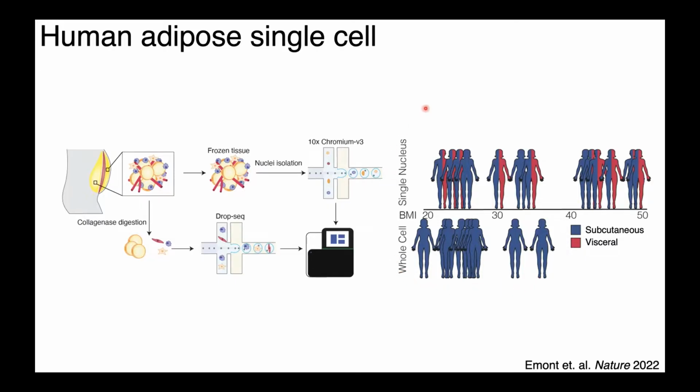As we were developing our single nuclear protocol, we also started recruiting from other surgeries where we were able to get not only subcutaneous adipose tissue, but also visceral adipose tissue, mostly either omental or preperitoneal fat, from the same patients during surgery. So for this cohort, we were able to recruit a larger BMI range, as you can see, as well as we included some male subjects in this data set, although this data is, again, mostly female.